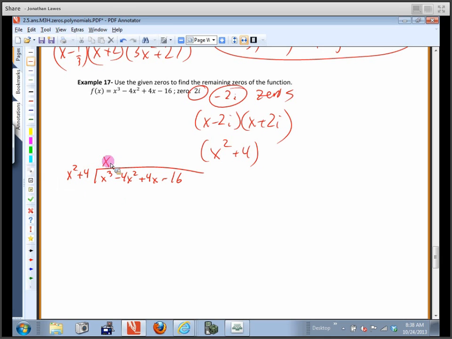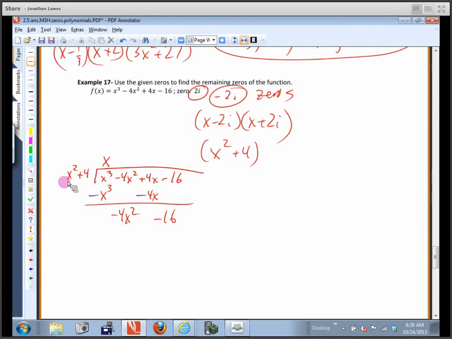Once I put a number up here or an expression up here, I multiply, I distribute through, so that's going to be x cubed, and that's going to be 4x. I don't put it in this column, I put it in this column right here, and then I go through and I subtract. I change the signs. No x cubes, I've got a minus 4x squared. No x's, and I've got a minus 16.